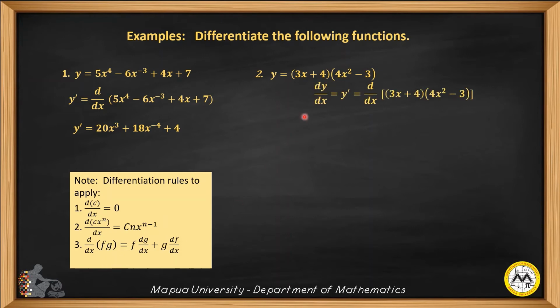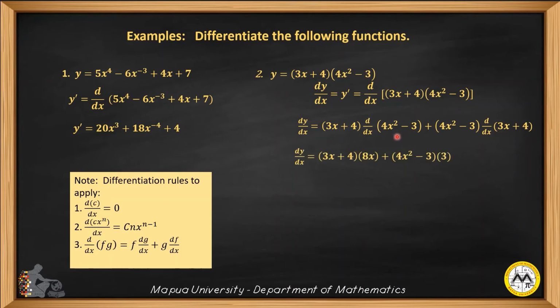So we have dy/dx, or y prime, is the derivative of the product 3x plus 4 times 4x squared minus 3. Applying this rule, we will have the derivative dy/dx equal to the first factor 3x plus 4 times the derivative of the second function, plus the product of the function 4x squared minus 3 with the derivative of 3x plus 4.